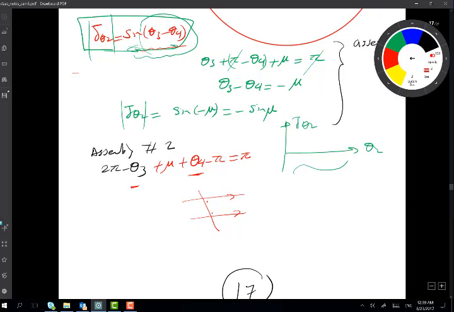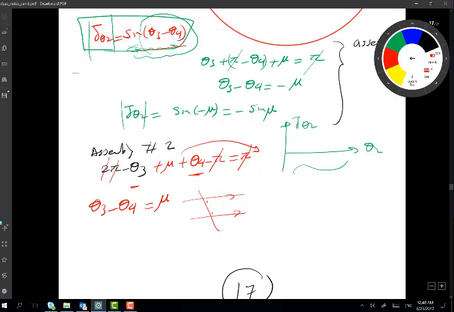Those pi's cancel together. Then theta 3 minus theta 4, when I move them to the other side of the equation, will be equal to mu.